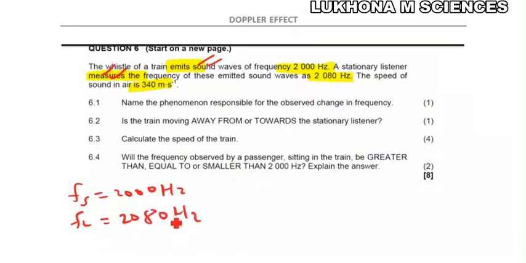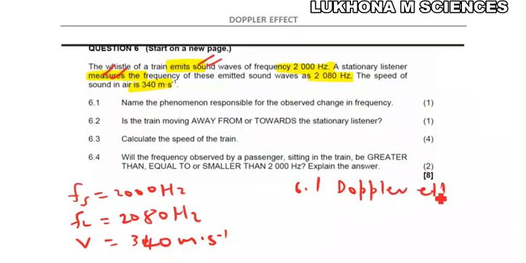Then we are given V, the velocity of sound in air, that is the speed of sound in air, which is 340 meters per second. The first question, that is 6.1, says name the phenomenon responsible for the observed change in frequency. That is the Doppler effect, right?